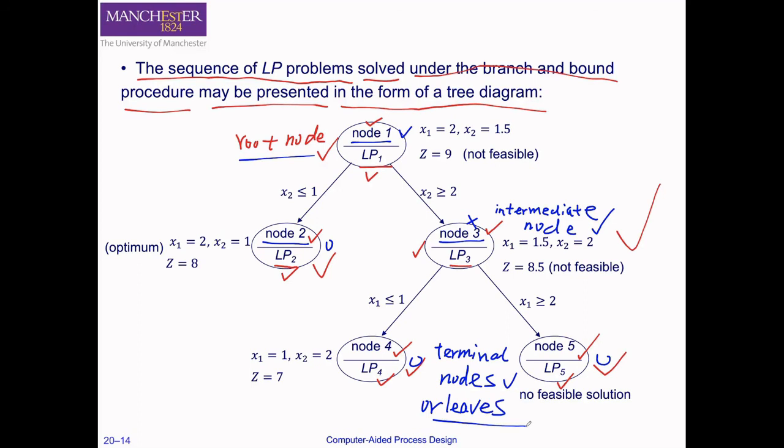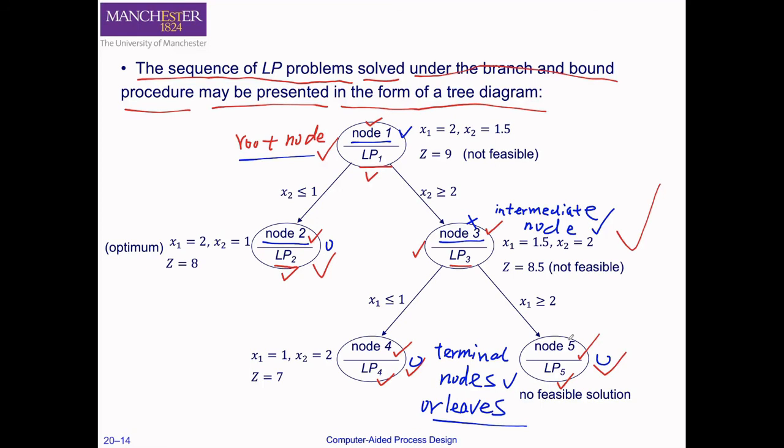Every path from the root node to a terminal node defines a complete solution. The optimal solution should be chosen among all terminal nodes. That means the optimal solution should be chosen among node 2, node 4, and node 5 in this tree diagram.